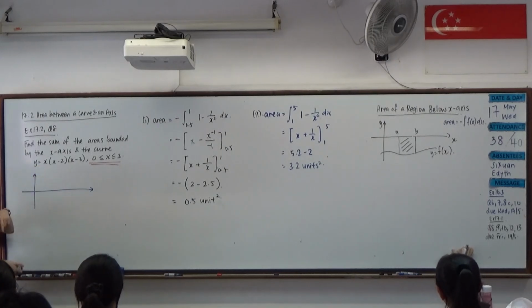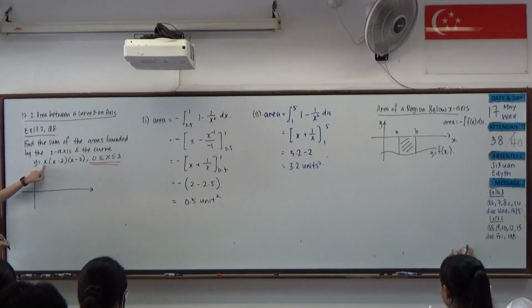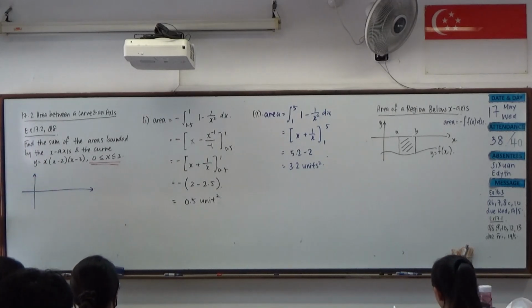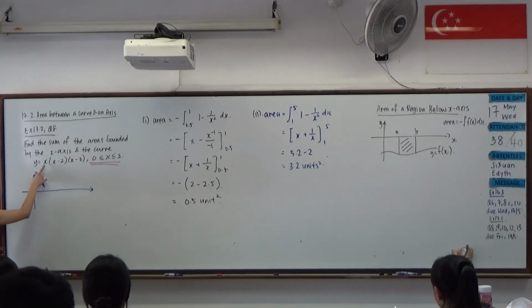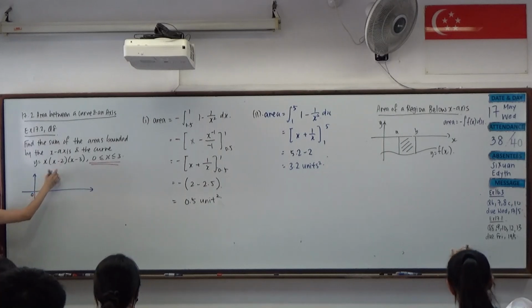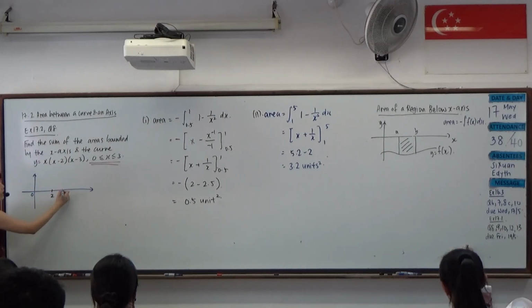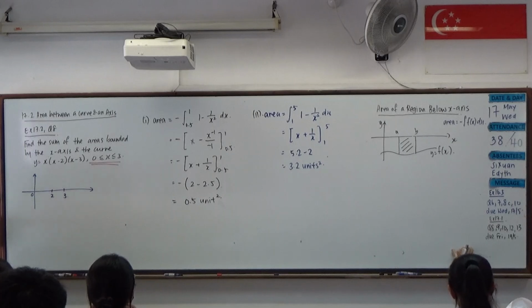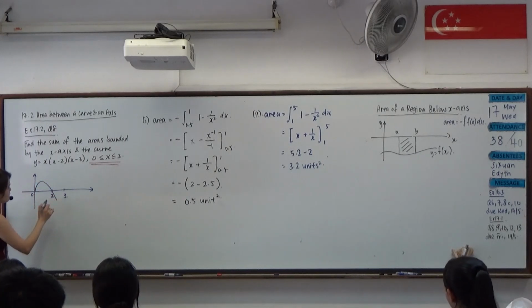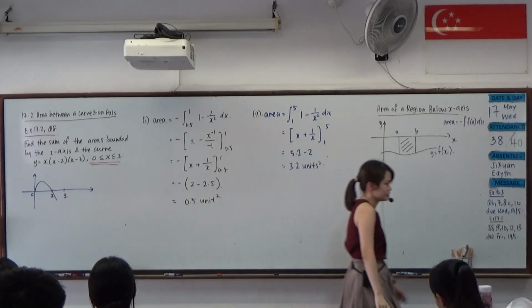Now in this case we have a cubic graph because this extends out to be cubic, x times x times x. So you need to know the shape of your cubic graph. In this case the roots of this graph are x equals 0, x equals 2, and x equals 3. So we know that our graph will have to look something like that.